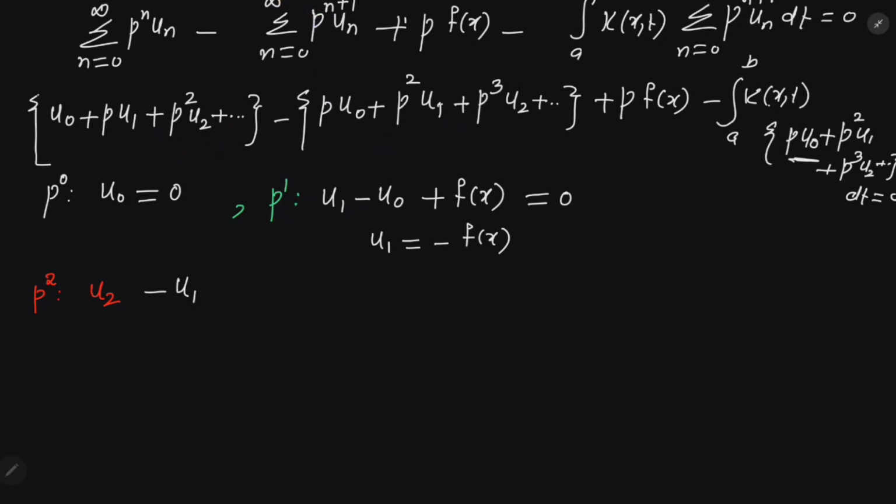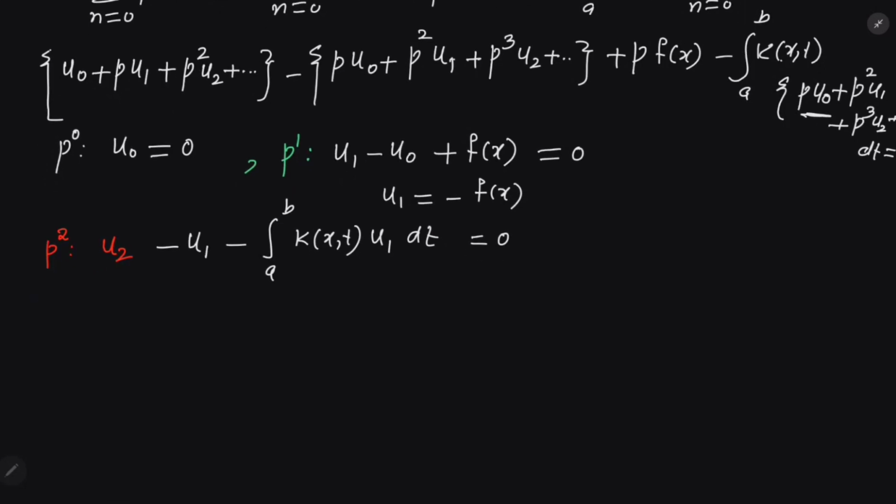Then we have coefficients of p^2 that are coming from this integral, so we have minus ∫ from a to b k(x,t) p^2 u1 dt, and that will be equal to 0.